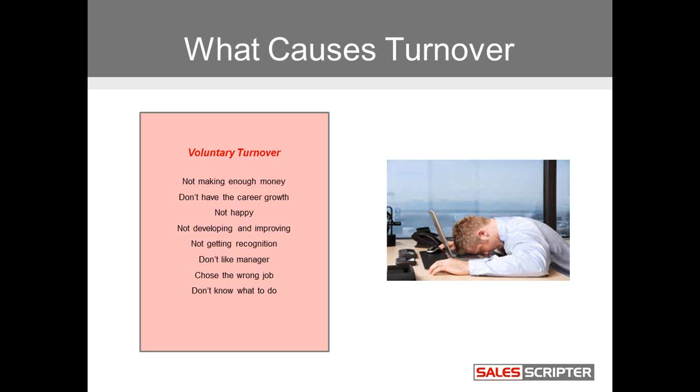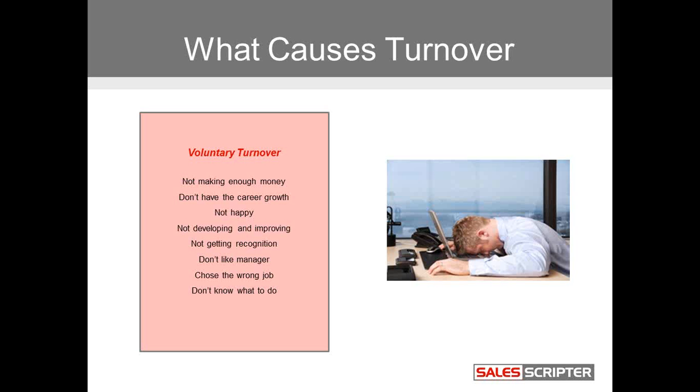Another reason why sometimes people leave is they don't know what to do. They're in a job, and especially in sales, it can be easy for a salesperson to be thrown in a situation, and at the most basic level, they don't know how to be successful. And the reason why this is common in sales is, you know, if you're an accountant, you know exactly what you need to do.